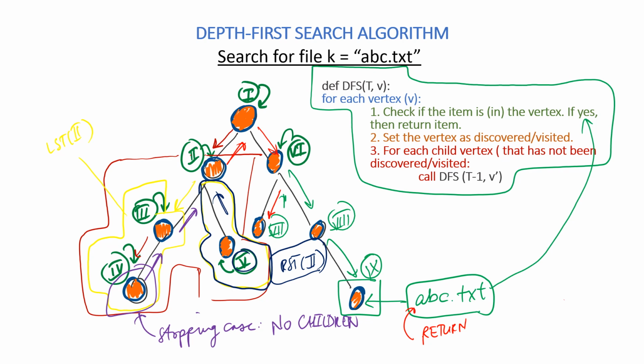The one thing to note here for anyone who did data structures in the last semester previously, this approach to traversing the tree, or by traversing I mean we go through every single vertex in the tree. This approach is called in-order traversal.